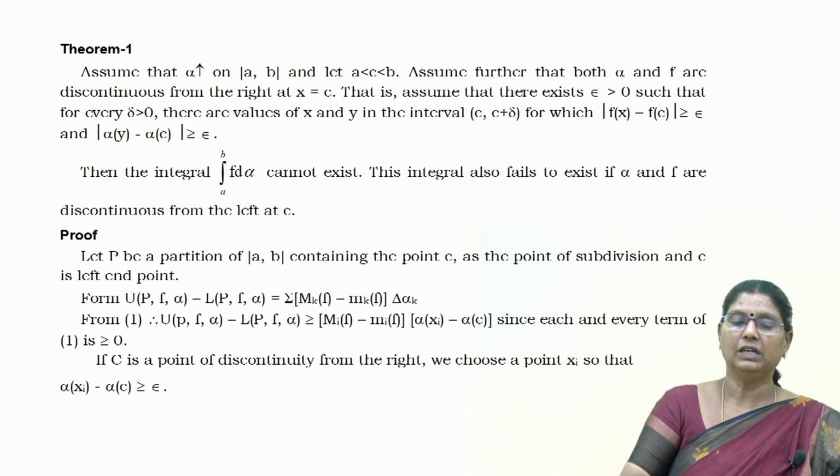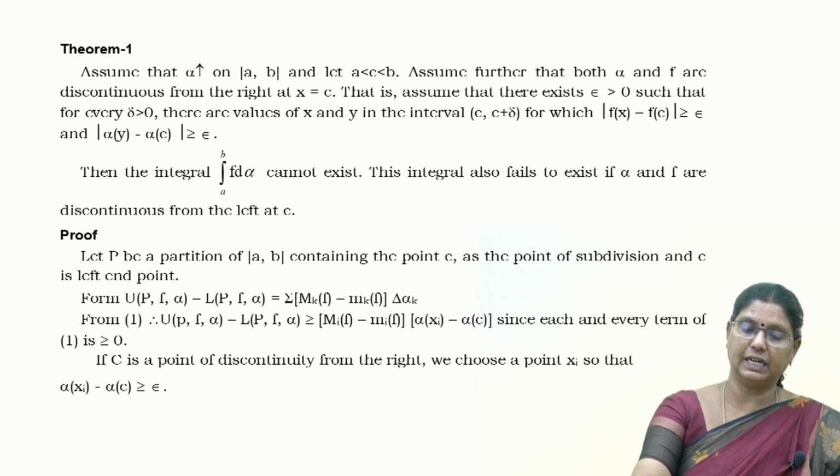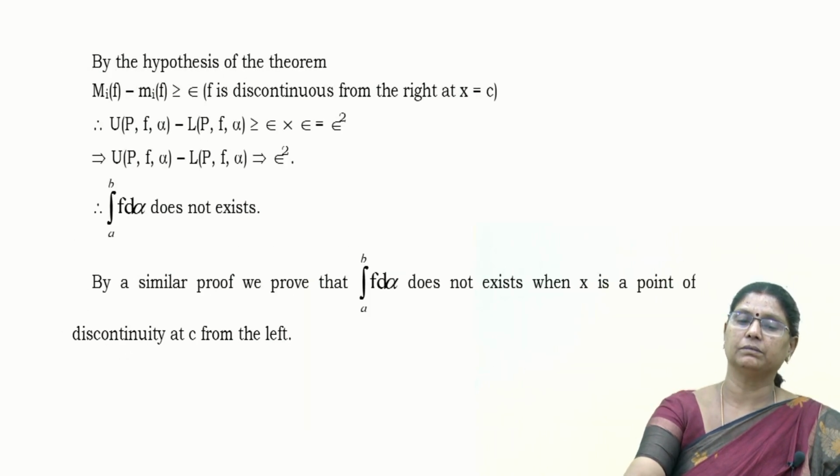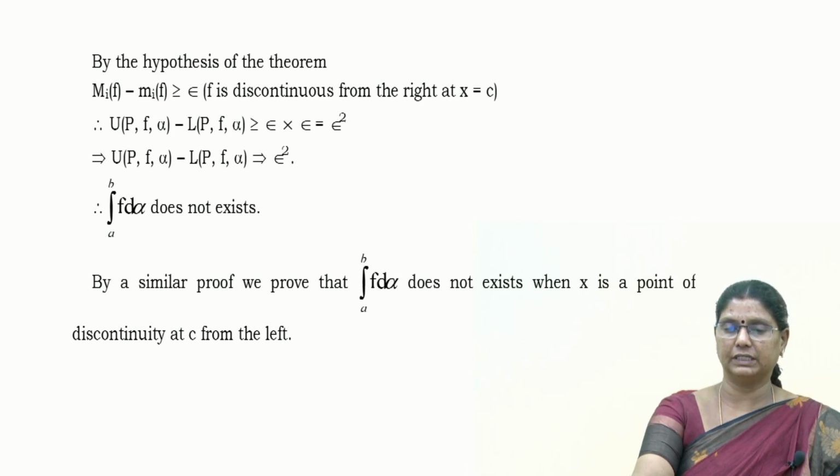We can choose alpha of xi minus alpha of c greater than or equal to epsilon, and by the given data we know that capital Mi of f minus small mi of f is greater than or equal to epsilon, since f is discontinuous from the right at x equals c.